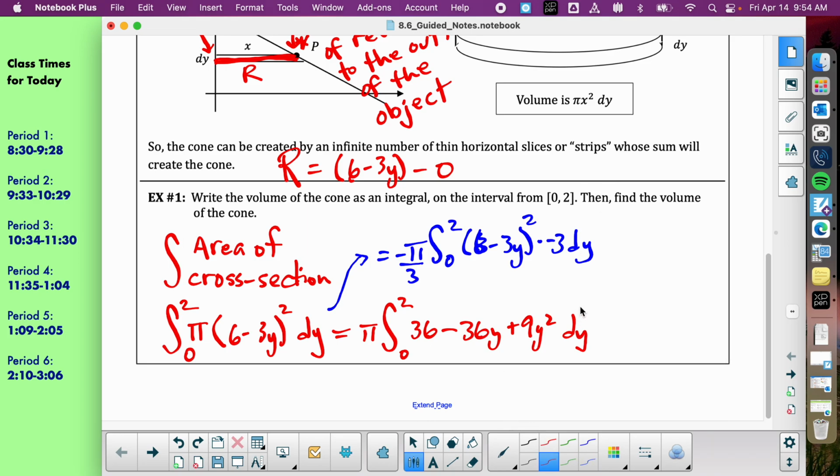Okay, do we need to do the actual integration? If we integrated the U substitution, I would have negative pi thirds times 6 minus 3y cubed divided by 3, so I'll make this divided by 9. And that would be from 0 to 2.